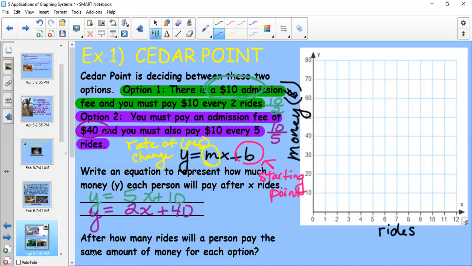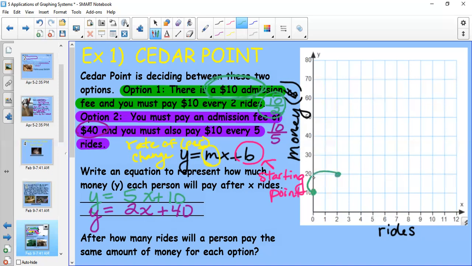Okay, now we're going to transfer those over to our graph, and we're going to graph both of them. Start with the green one here. I'm going to start at $10. Now it's really hard to go up 5, right 1. So this is where I'm going to go back to the original problem. It said that they have to pay $10 for every 2 rides. So I'm going to go from $10, if I add $10, I'm going to go up 10, which would put me at 20, and over 2 rides.